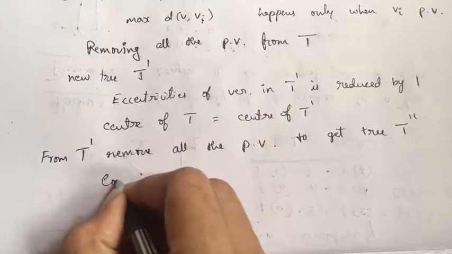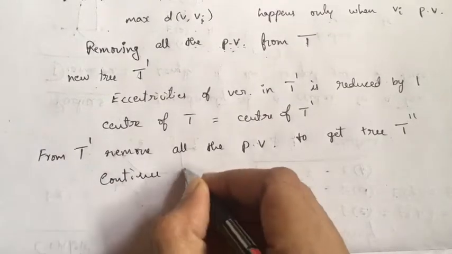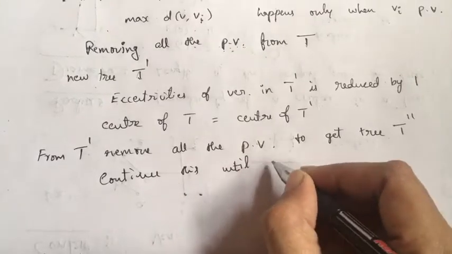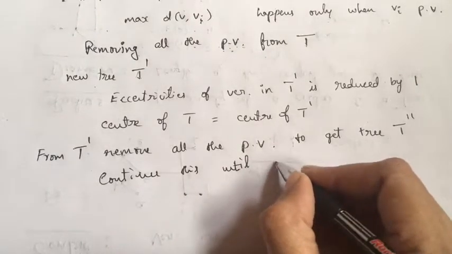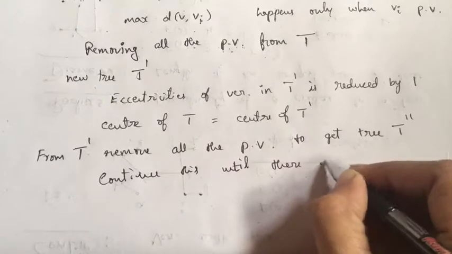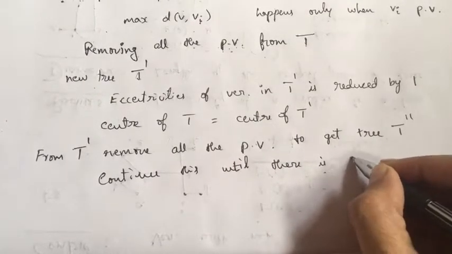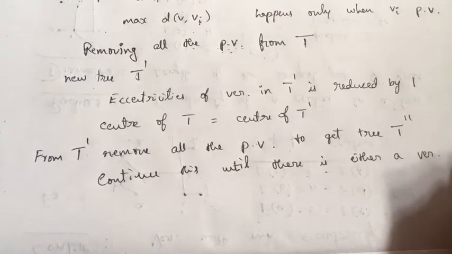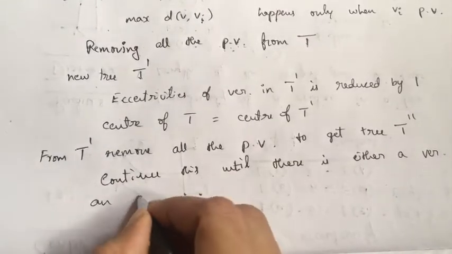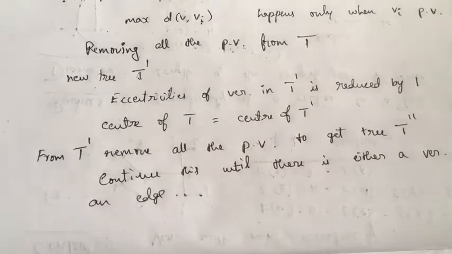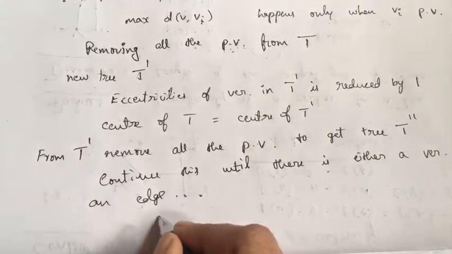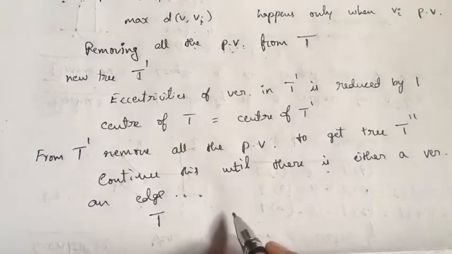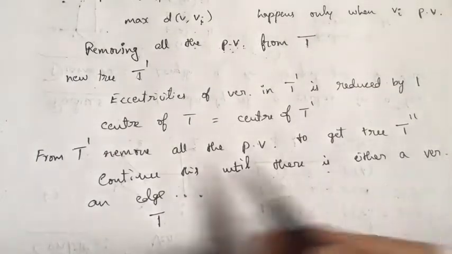We'll continue this until we are left with either a vertex or an edge. Thus, the original tree is reduced to a vertex or an edge.